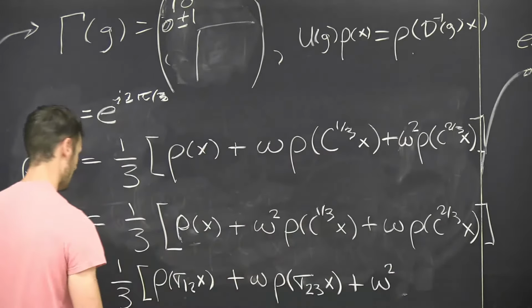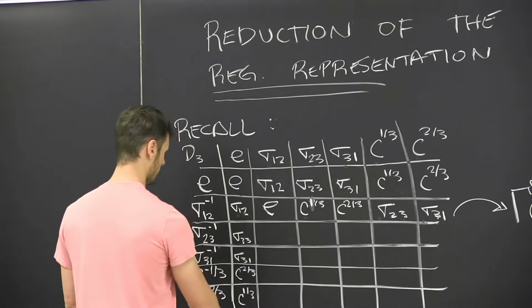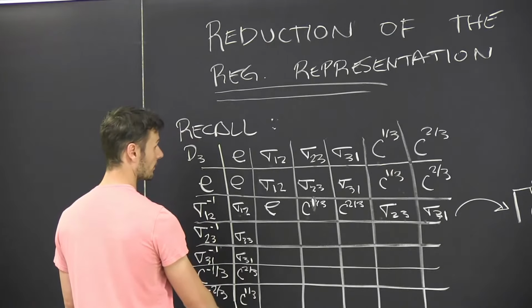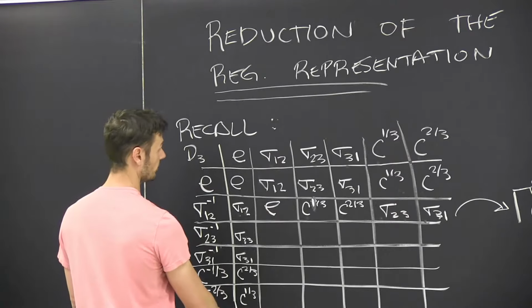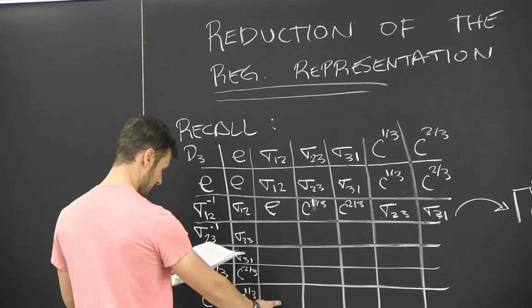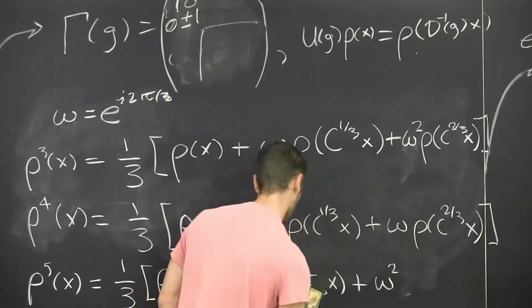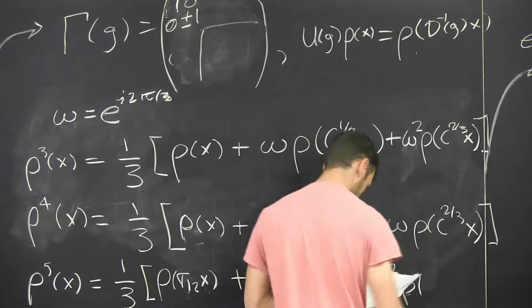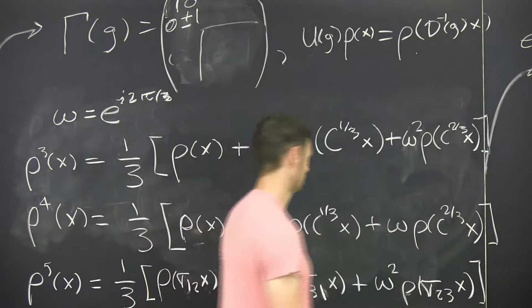Actually, I went backwards. What I actually should be doing is C 1/3 on sigma 1, 2, which I don't have filled out, but from what I have here, it must be sigma 3, 1. So this should be sigma 3, 1. So that gives me one.